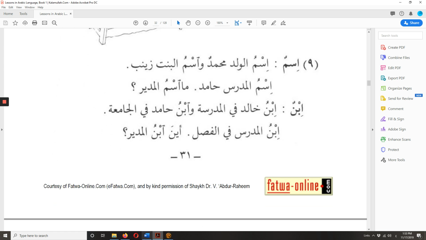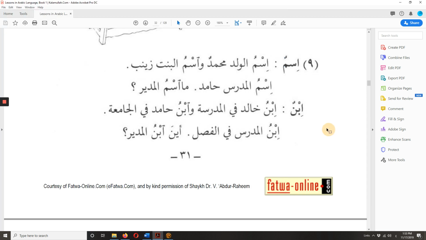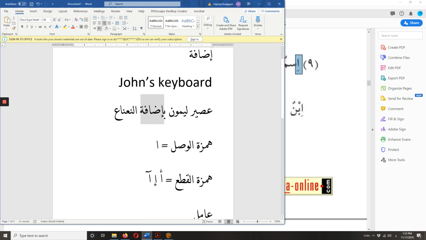And then here it's talking about what I mentioned earlier, where you have Hamzatul Wasl and Hamzatul Qata'. So Hamzatul Wasl, it's going to be an alif which has nothing sitting on it or below it. And I'm not talking about kasra, fatha, or dhamma, but I'm talking about there's no hamza above it, like this, over here, and there's no hamza below it, like that, or an elongated hamza. Okay.